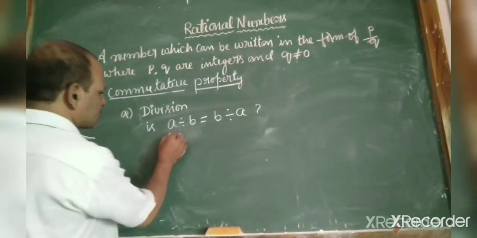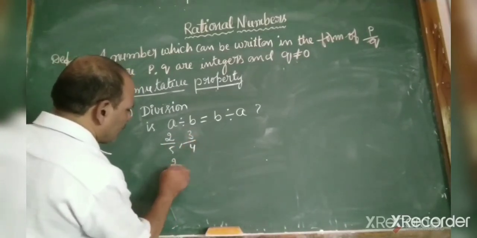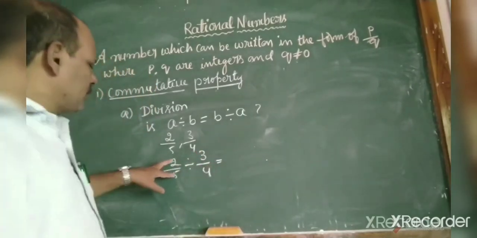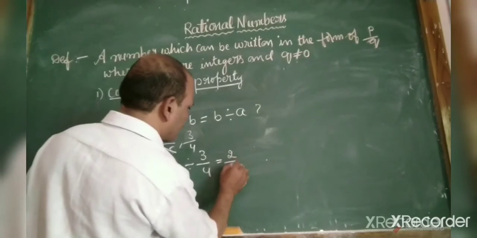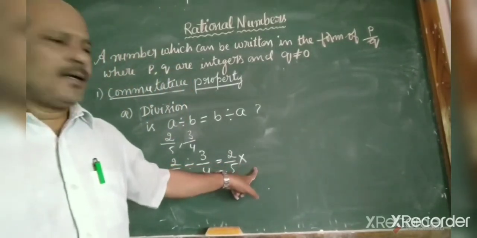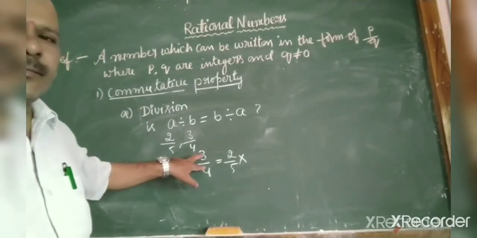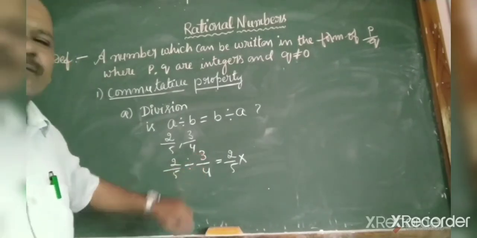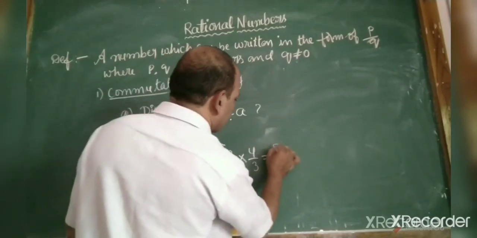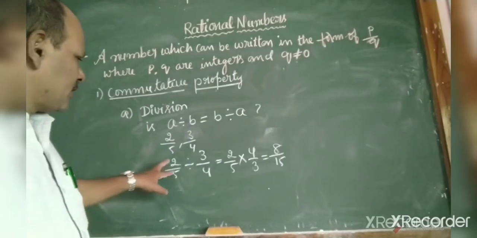I am taking the numbers 2 by 5 and 3 by 4. 2 by 5 divided by 3 by 4 is equal to 2 by 5 into, changing the divide symbol into the multiply symbol. Then the next fraction will become its reciprocal, 4 by 3. 2 4s are 8, 5 3s are 15. 8 by 15 is the answer for A divided by B.